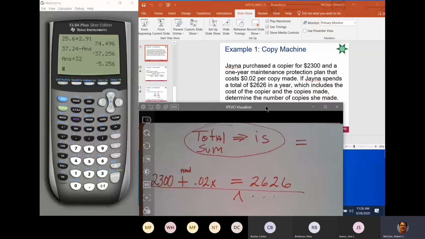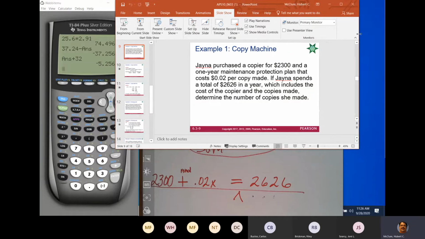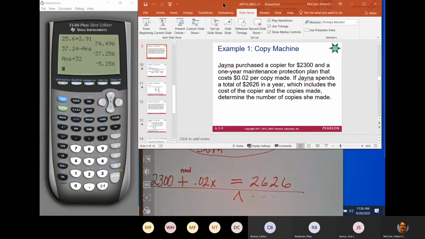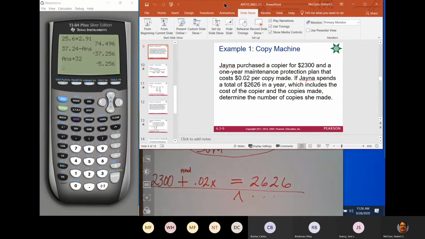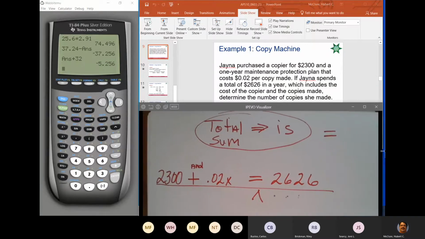All right, now I want you to solve for x. Go ahead and solve for x.